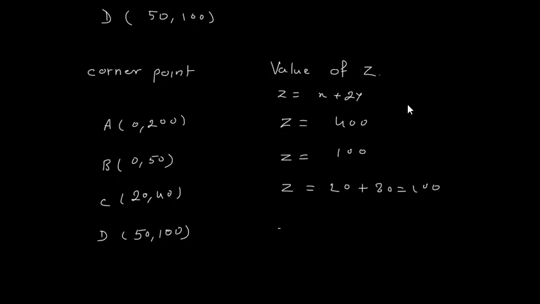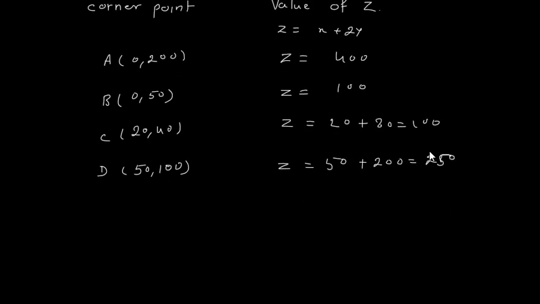And here I will get the value of z as 50 plus 200, that is 250. So here we are getting the maximum value of z as 400 at point A and the minimum value of z as 100 at two points, B and C. So this is the maximum value and this is the minimum value.